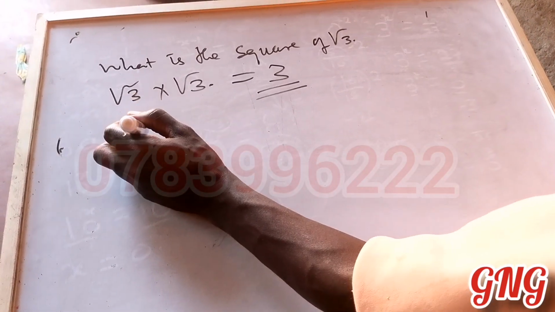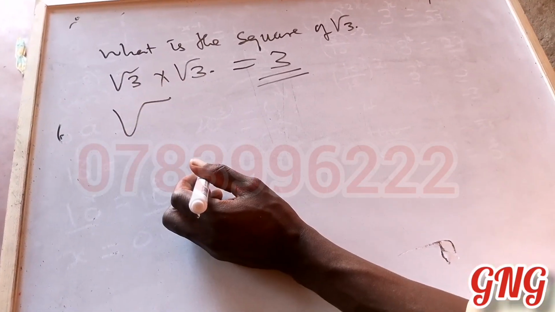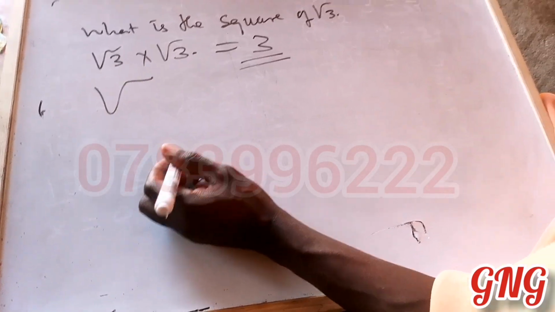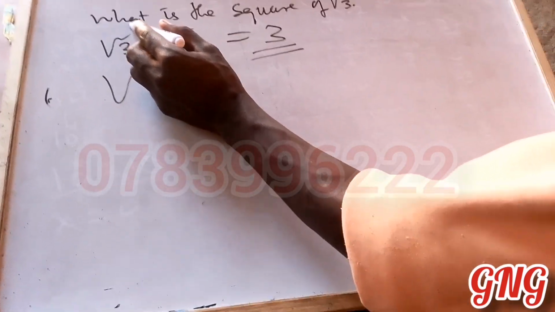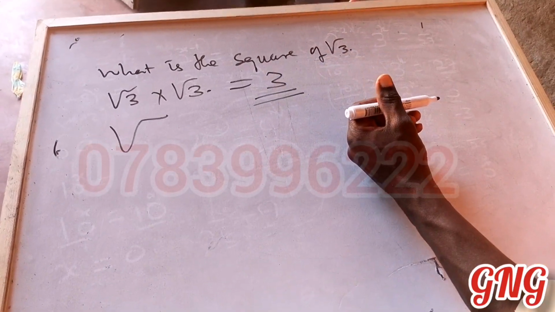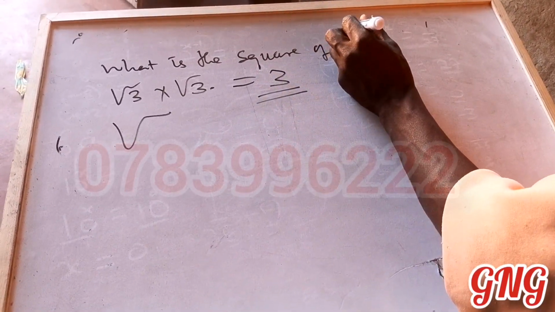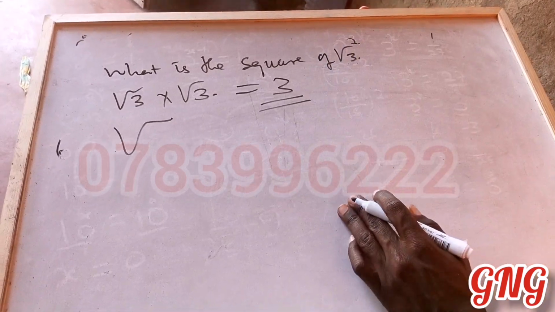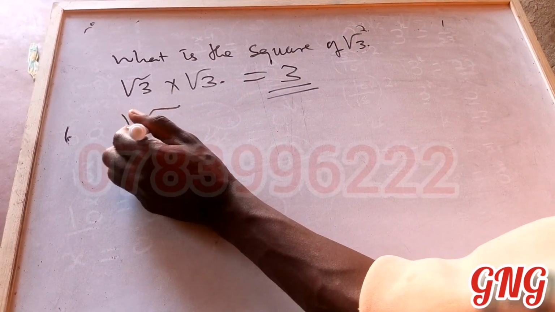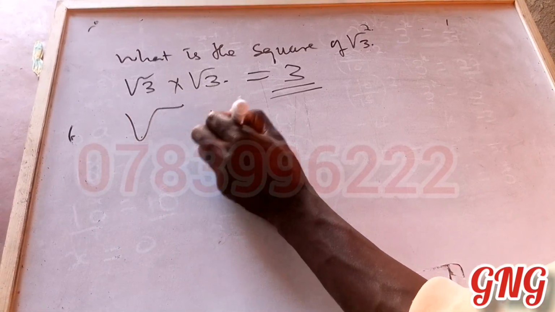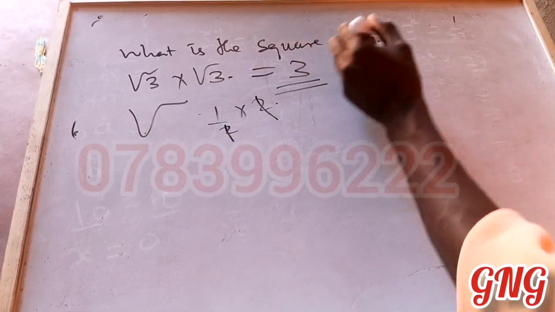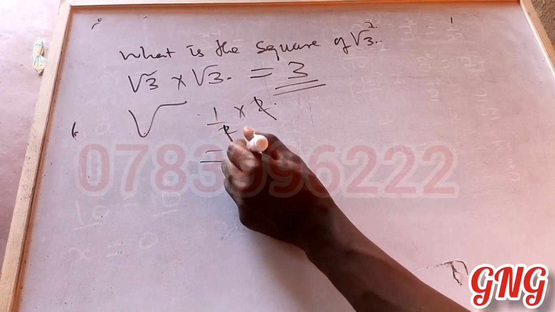Or just remember that this root sign means half. So if the question asks what is the square of root 3, we just put a 2 here. If this root sign means half, it will be half times the 2 for the square. So this and this will cancel each other. Then 3 power 1 will give you 3.